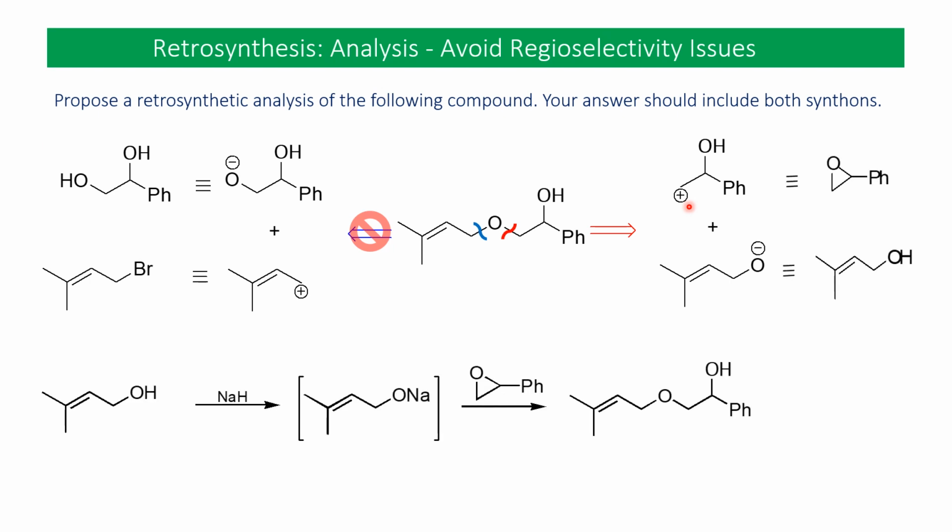And so your forward reaction would look like this. Alkoxide with your epoxide to give you the desired product. Of course, there's a quench involved. Remind yourself that the alkoxide attacks at the least substituted carbon of the epoxide because it's a base attack.